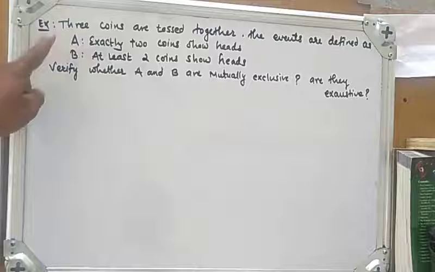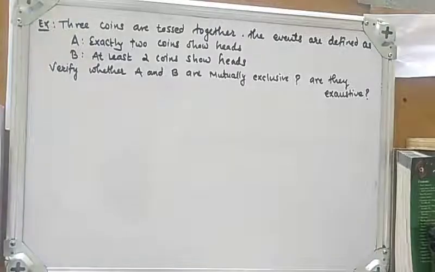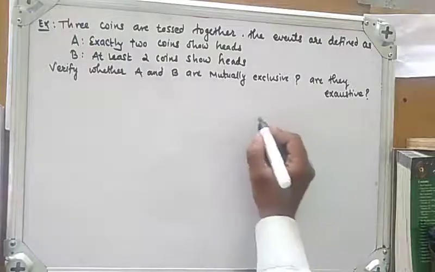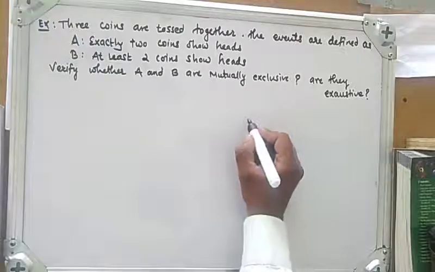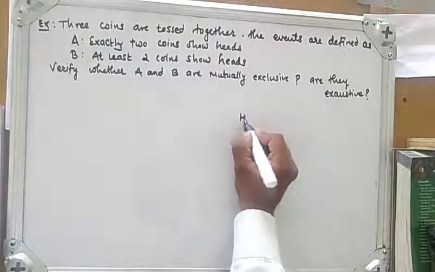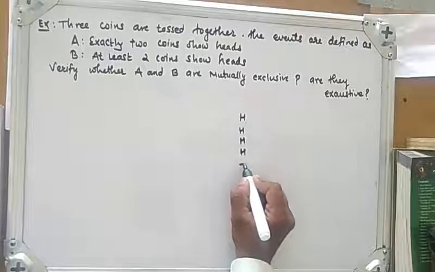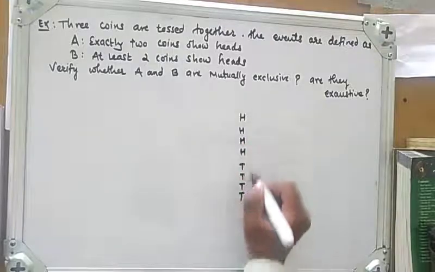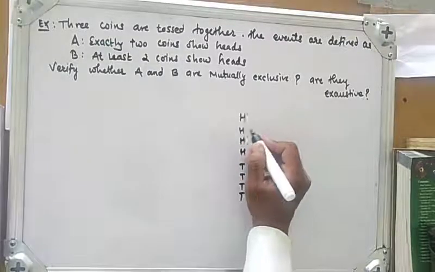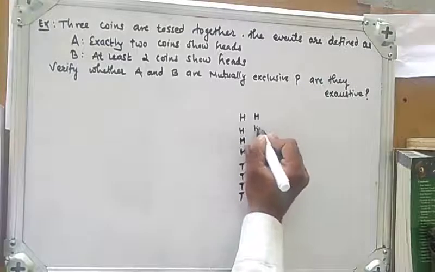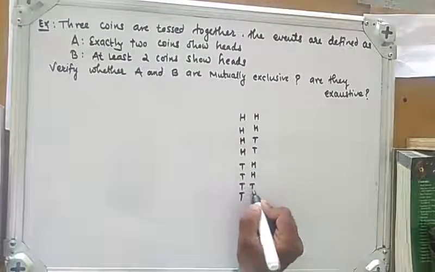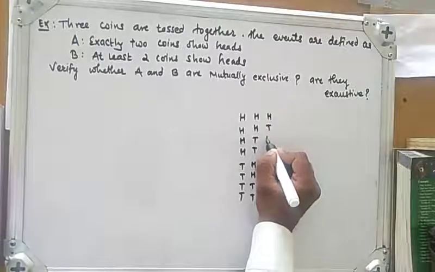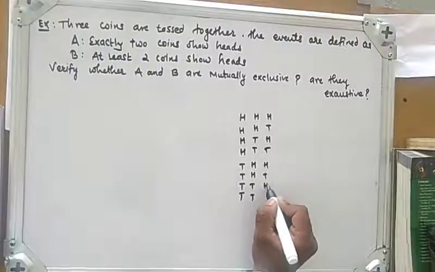Now let's see. Here 3 coins are tossed, so what will be the sample space? How many points does the sample space have? I will toss 3 coins, and the sample points are written as combinations of heads and tails: HHH, HHT, HTH, HTT, THH, THT, TTH, TTT.